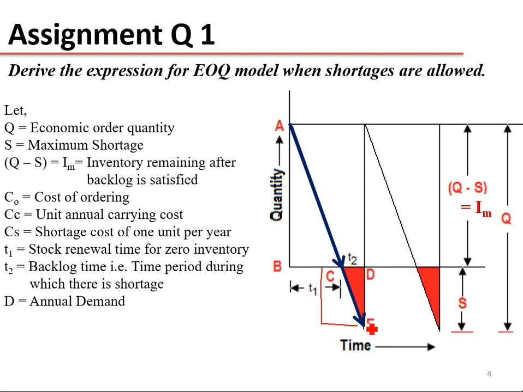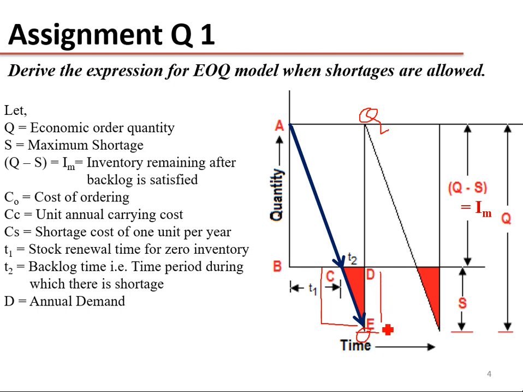Next, at the point E, you are going to get the inventory order received, and the number of units you are going to get here is the maximum value of Q. This is the optimum value of the units you now receive.